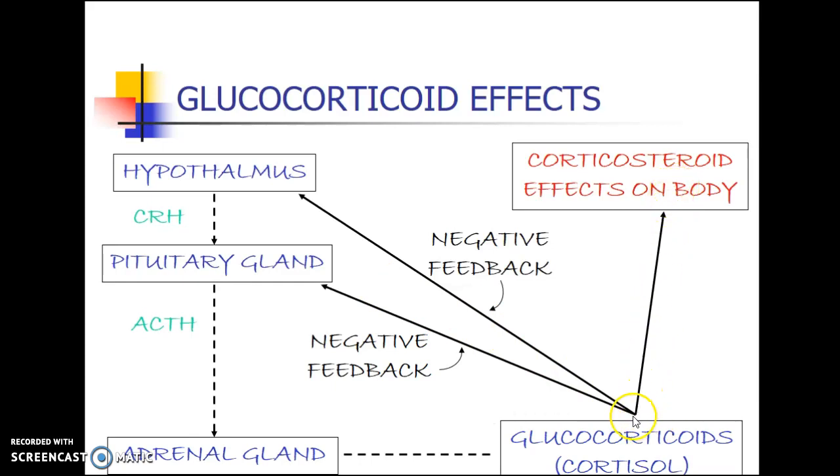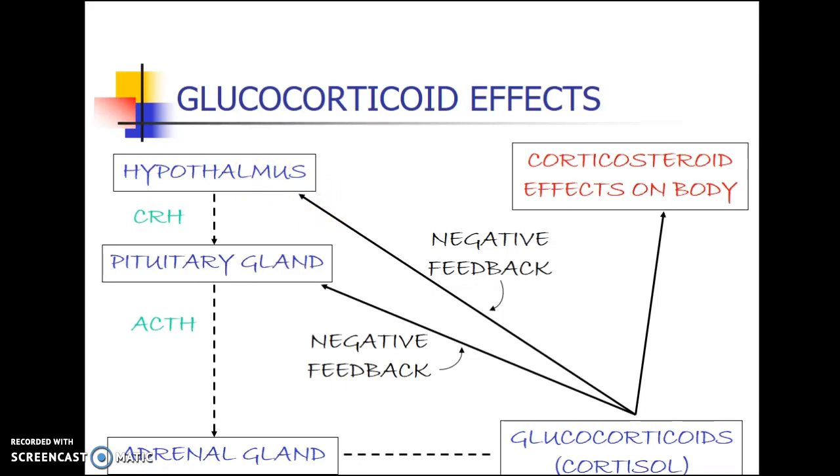And then if you think of all three of these as the bloodstream taking it to different parts of the body, and the bloodstream going back to the hypothalamus and to the pituitary gland, after the release of cortisol, we're going to have a concentration in these two in the bloodstream. So in response to that, the hypothalamus is able to look at that blood concentration of cortisol and say, okay, that's our limit.